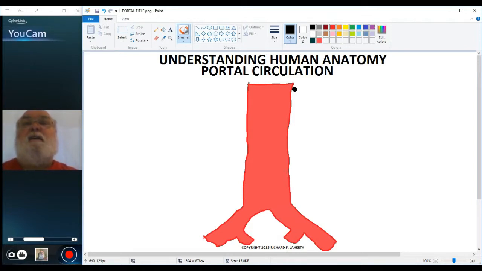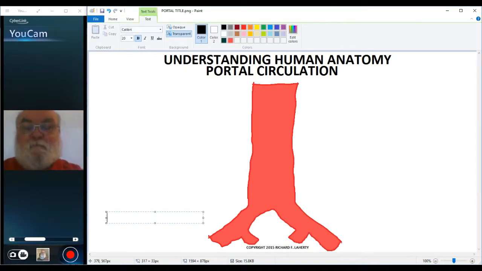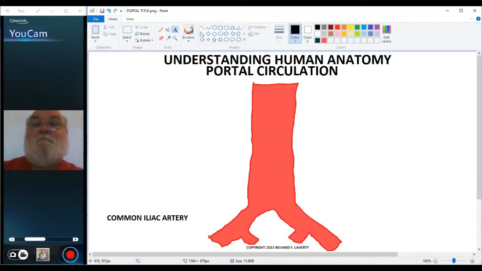Now let me add the labels to this. We have the common iliac artery, and of course they are paired.